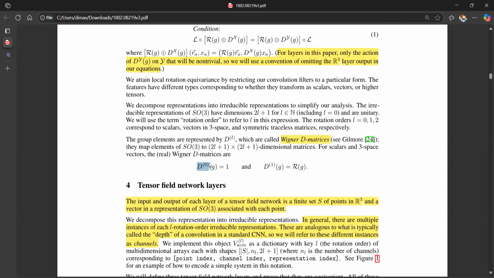For scalar, D of power 0 is a 1 by 1 matrix, which is a scalar function. And for L equals 1, I can see here that that's going to be a 2 by 2 matrix. Oh, sorry, no, 3 by 3. A 3 by 3 matrix, that's a rotation in 3D space.